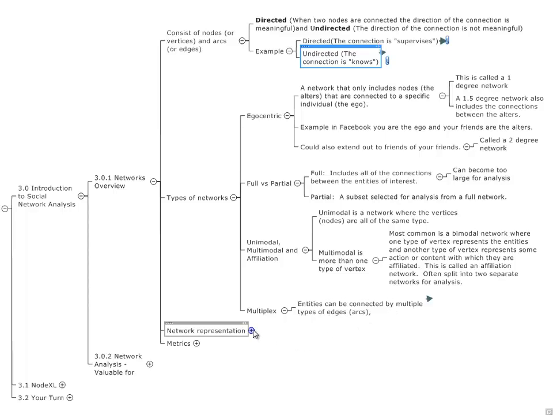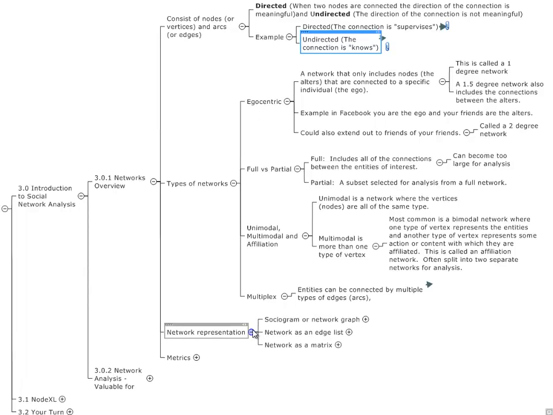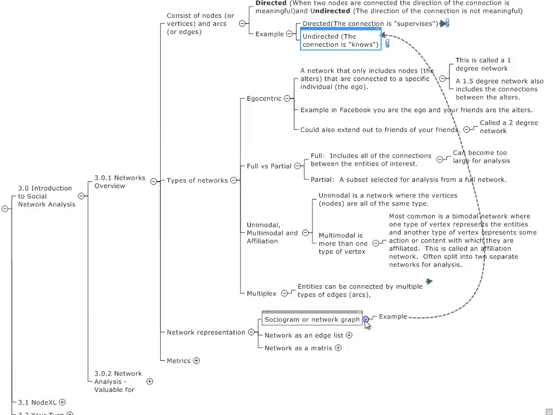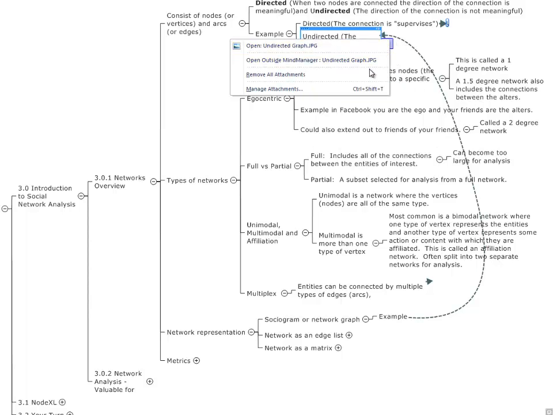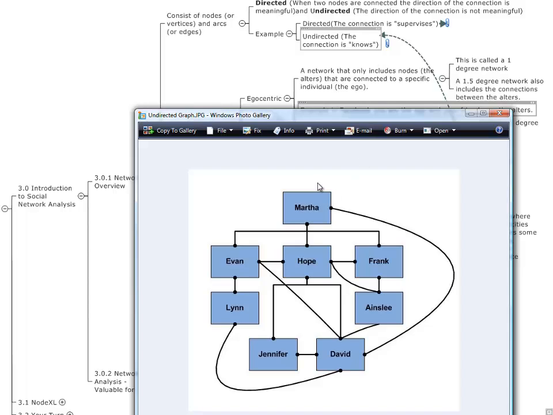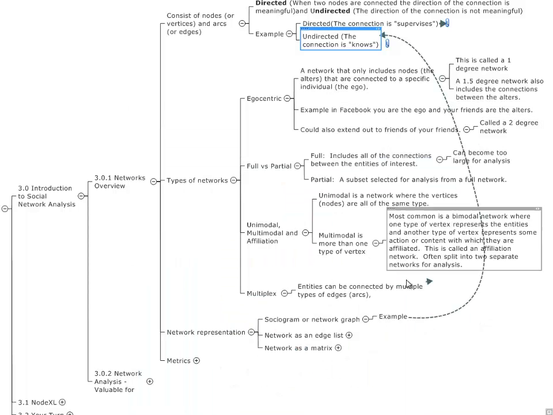You have different ways of describing a network. The most typical way is called a sociogram or a network graph, and that's what this is up here. When we looked at, for example, the undirected one, this is known as a sociogram or a network graph. You can also do it with an edge list.